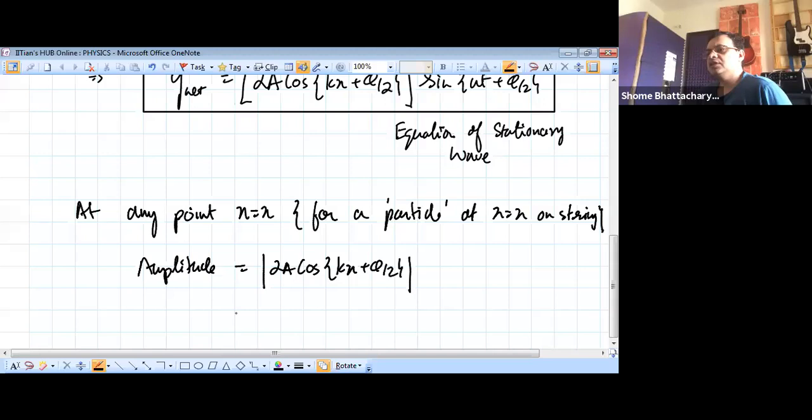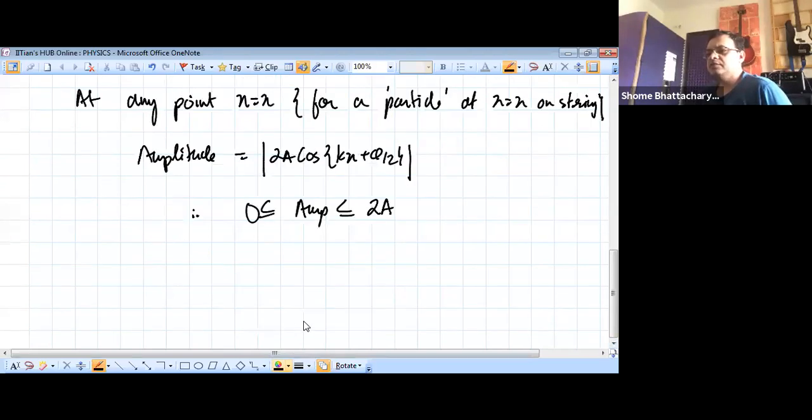So we saw that the amplitude becomes variable over here. Therefore, the amplitude of oscillation is position dependent, and it varies between a maximum of 2a and a minimum of 0. So in the case of standing waves, we have what we call position dependent amplitude.